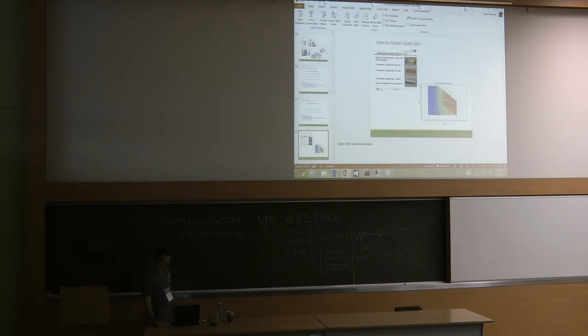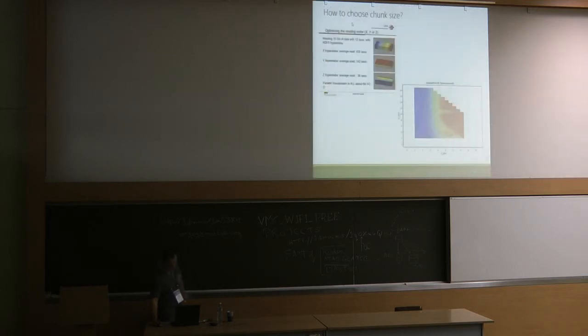So here is the performance of reading three-dimensional chunked arrays in slices parallel to different axes, x, y, and z. And the difference is very significant, an order of magnitude.